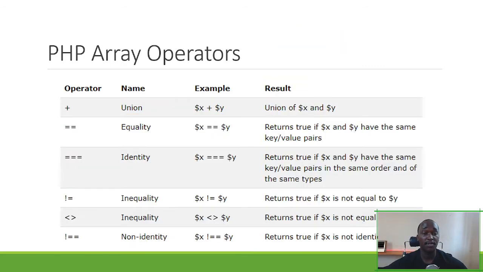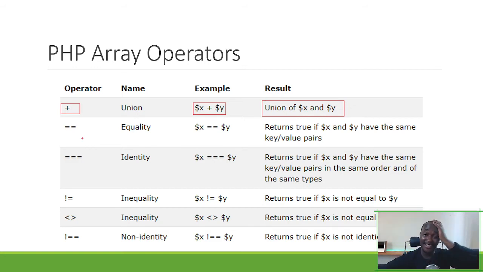Okay, so let's move on to array operators. So we have the union operator. For example, if you use x plus y on an array, then it's gonna join all the values of the array x and array y.